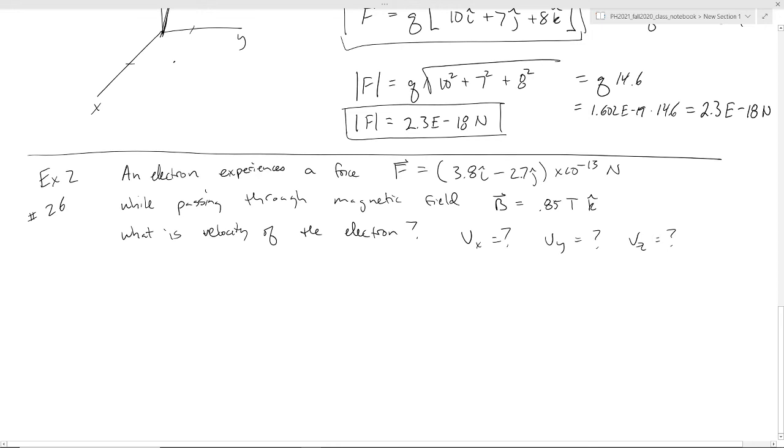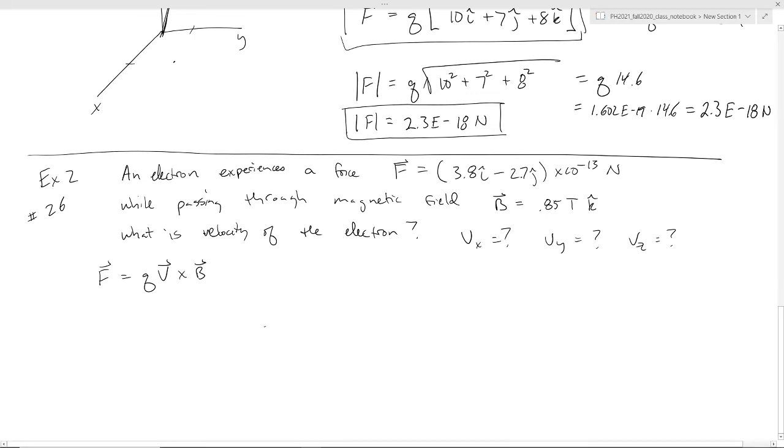We know that the force on the charge is going to be q v cross B. We've been given the B, and we've been given the force, so we're looking for the velocity. What we'll do is evaluate the determinant, come up with the components, and then scrutinize the components to figure out what the velocity is.